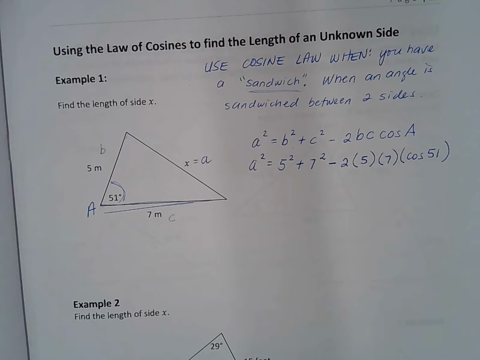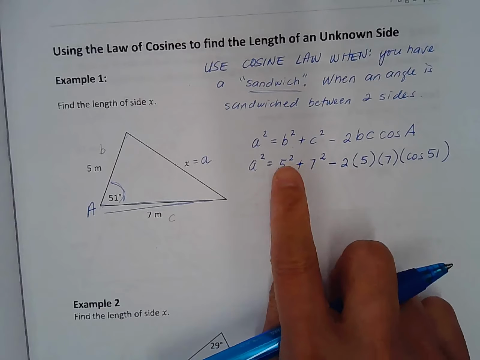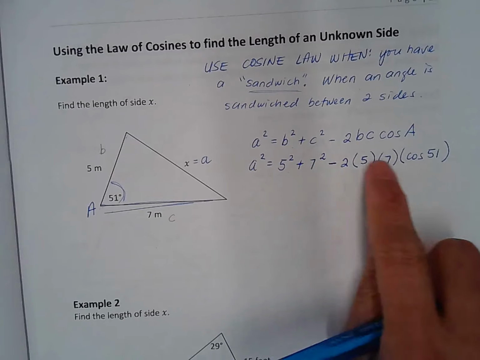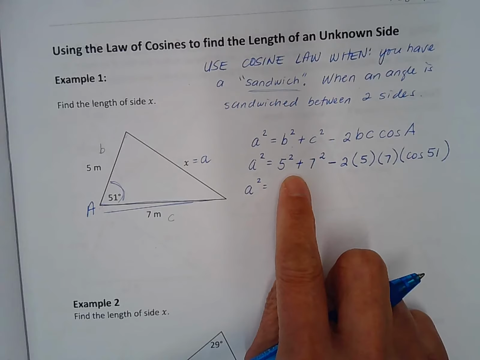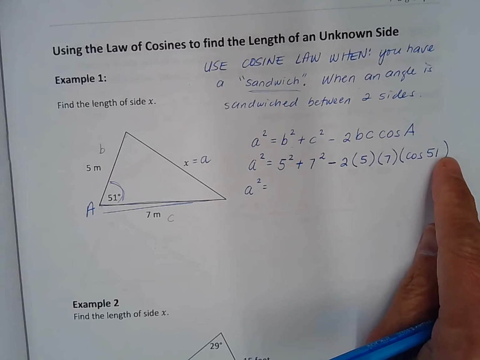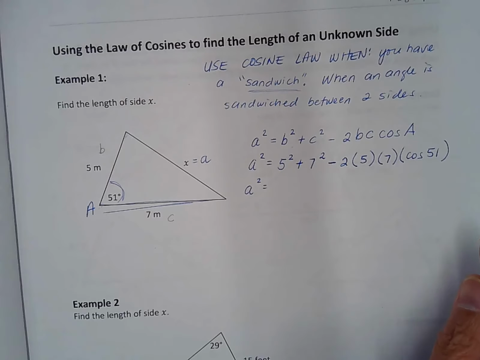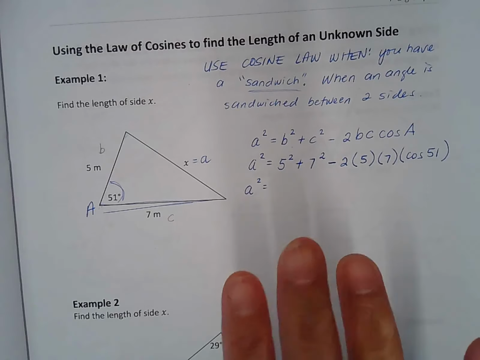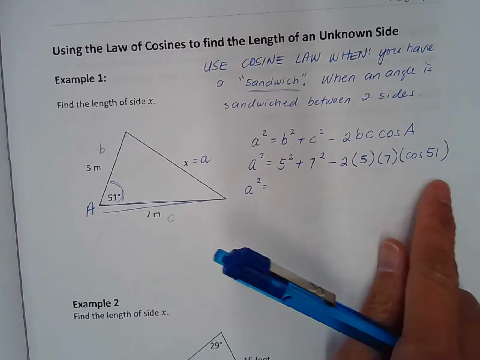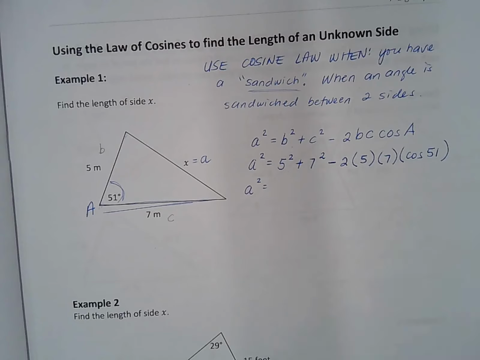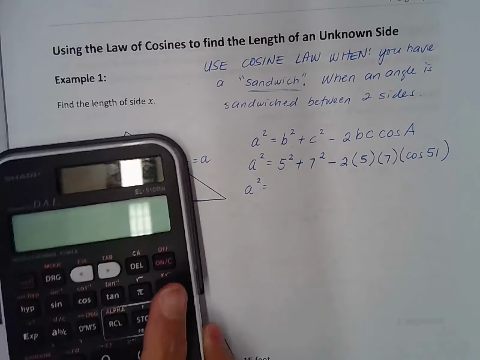Once this is set up, you can actually just type this all in one onto your calculator and then get an answer. So why don't all of us try entering this in our calculator and see what number we come up with. So go ahead and do that. I'll do the same.